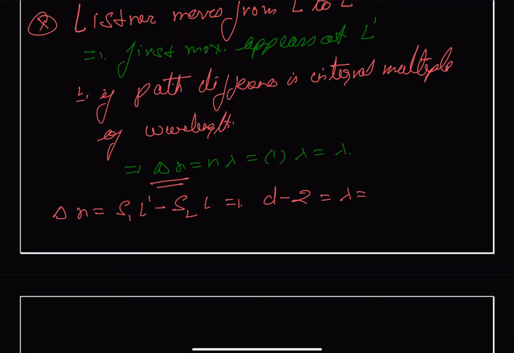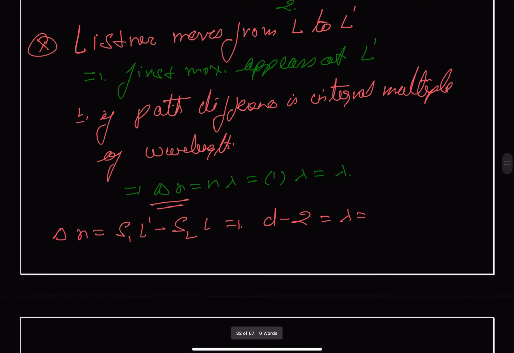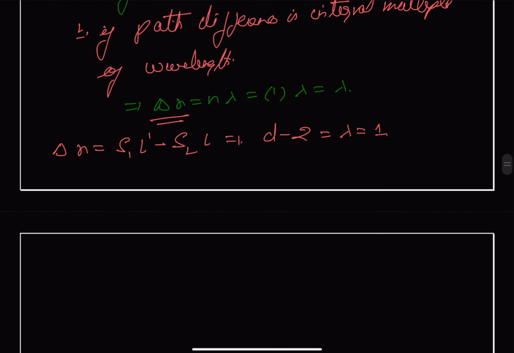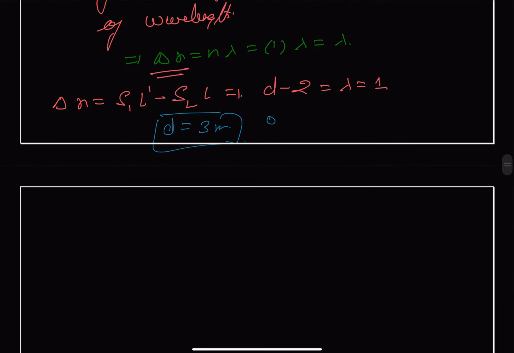Lambda is given to us as 1 meter, so this is equal to 1. Therefore we get D equal to 3 meters. So option number D is the correct one. Option D is correct.